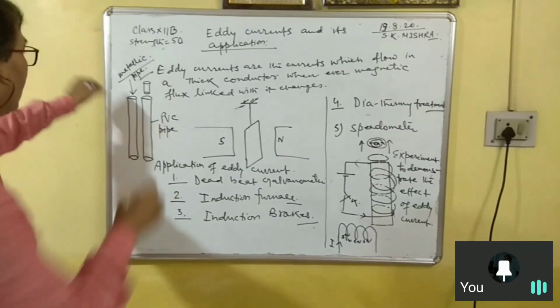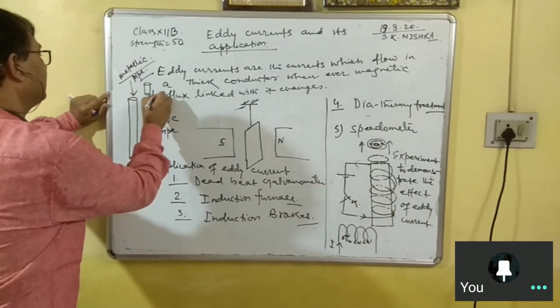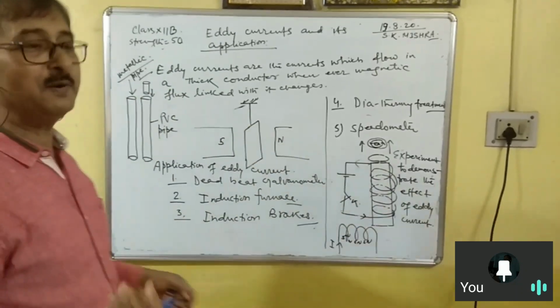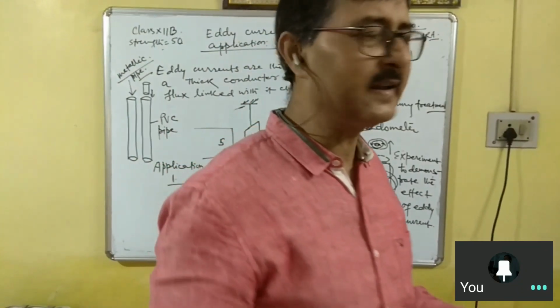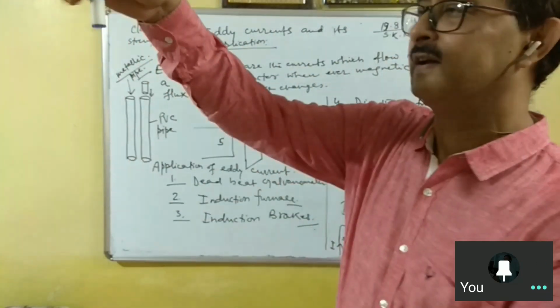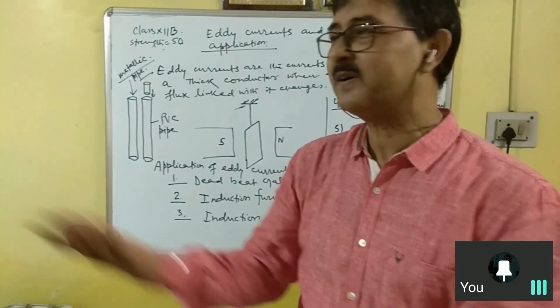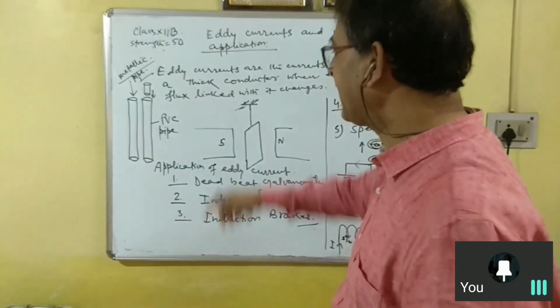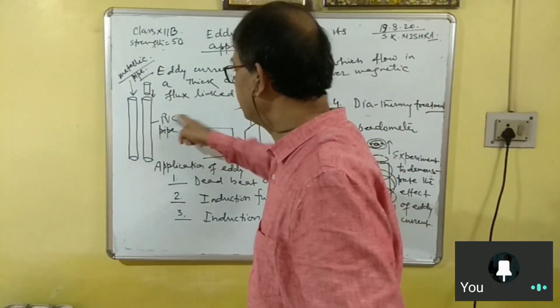When it falls through the PVC pipe, it will take normal time, as if it is falling freely. Whatever time it takes to fall through a height h, the same time it takes through the PVC pipe.